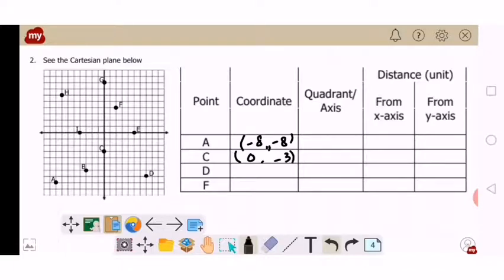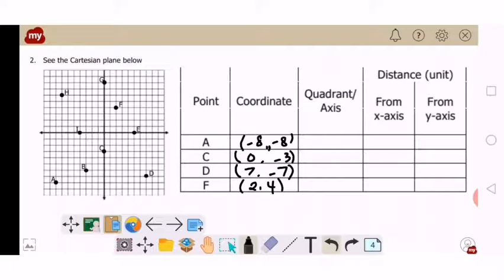Then D is in quadrant 4, so the value of x is positive 7, and the y value is negative 7. And last but not least, F is at 2, 4. Okay, so those are the coordinates, and then let's check the quadrants.